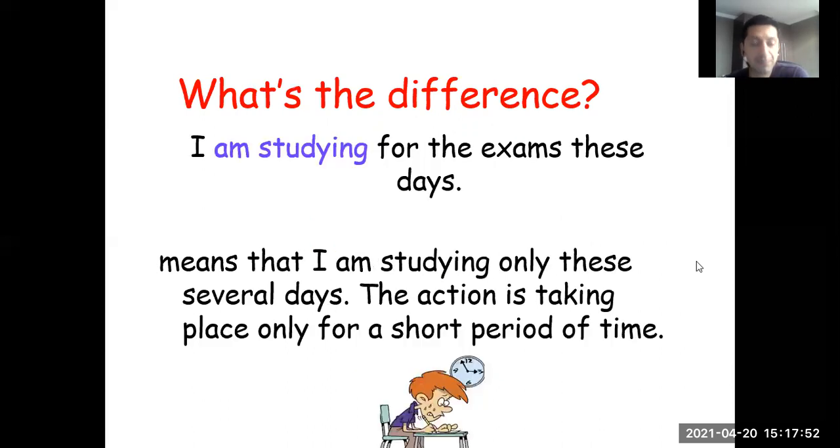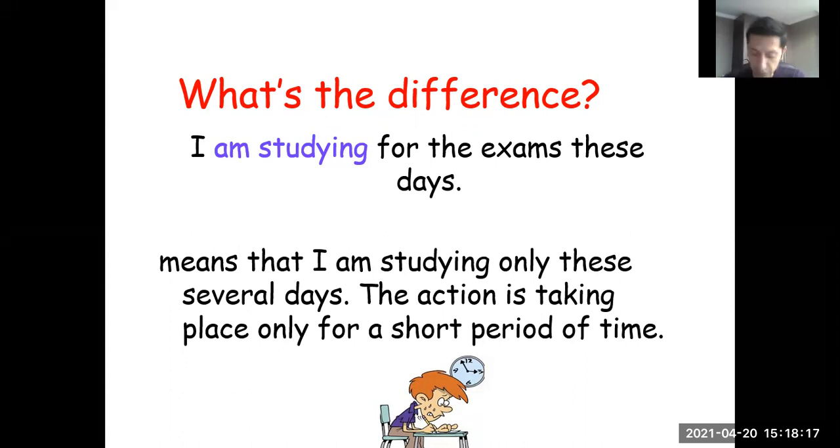On the other hand, if I use this sentence here, I am studying for the exams these days, that means that I am studying only these several days. This action is not permanent. This action is temporary. This action is taking place only for a short period of time. So basically, that is the difference between simple present and present continuous.